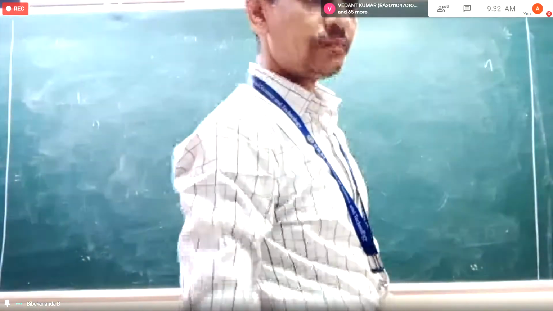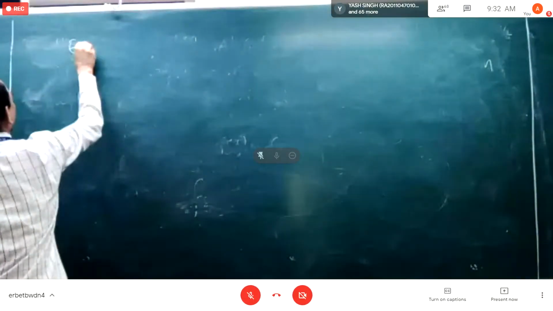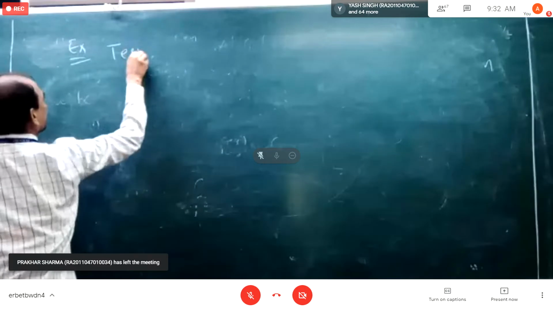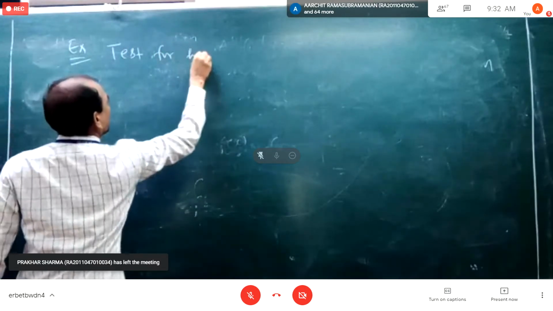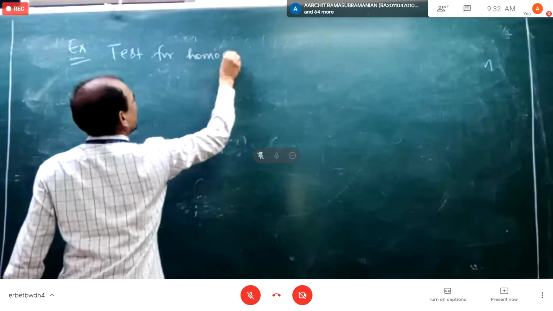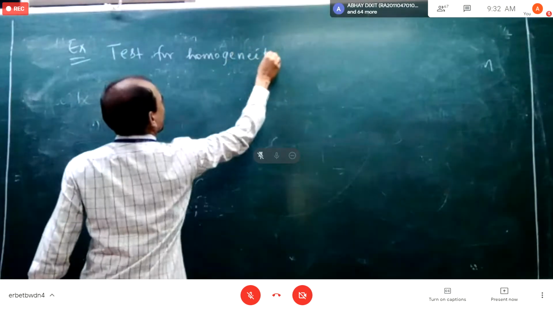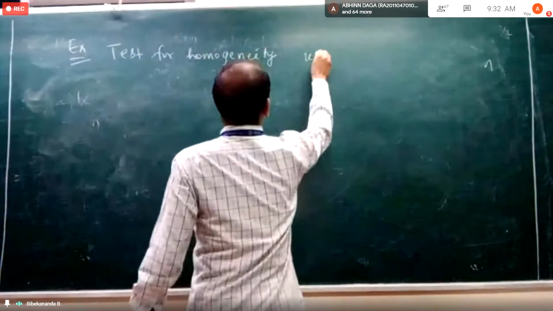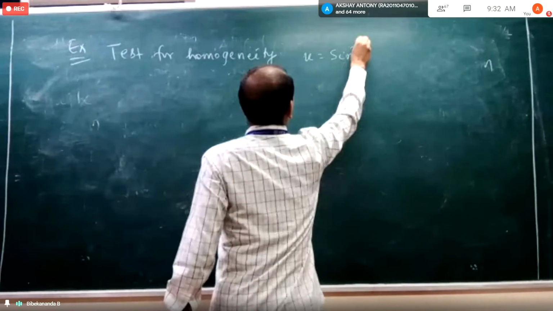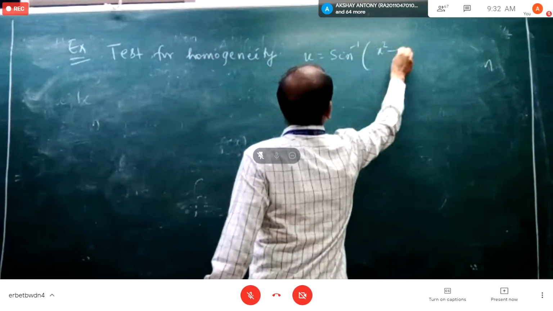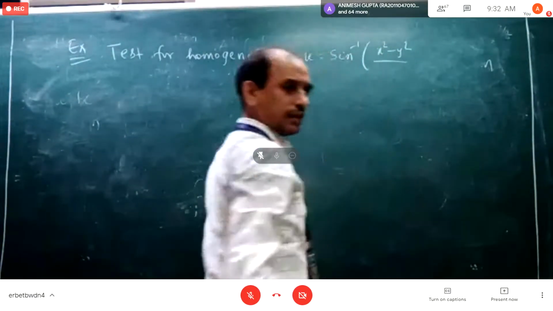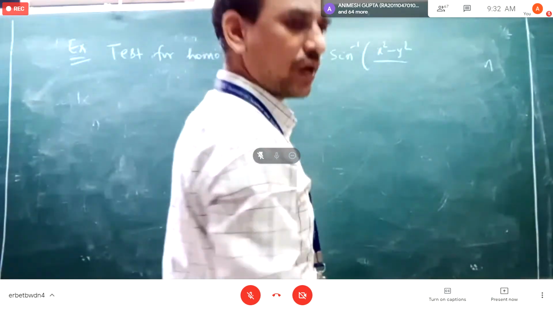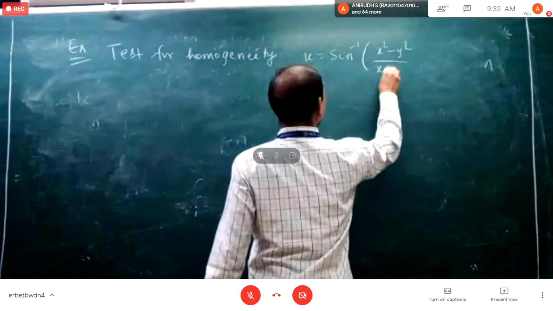Example: test for homogeneity. Test the homogeneity for the function u equal to sine inverse of x square minus y square divided by x minus y.